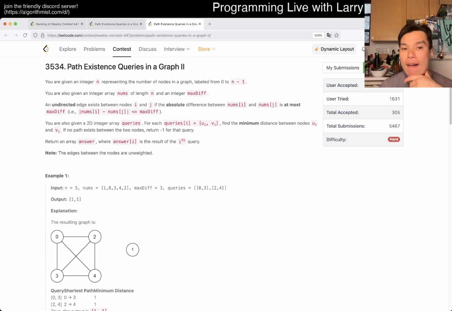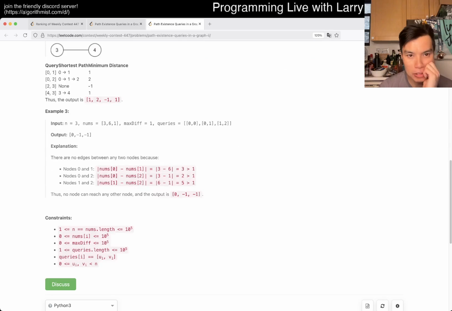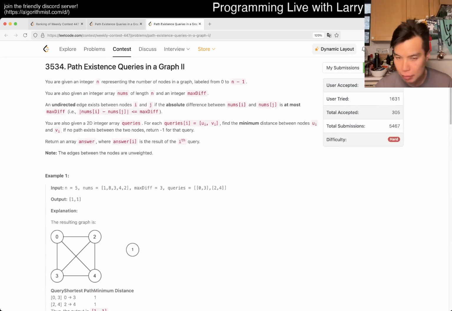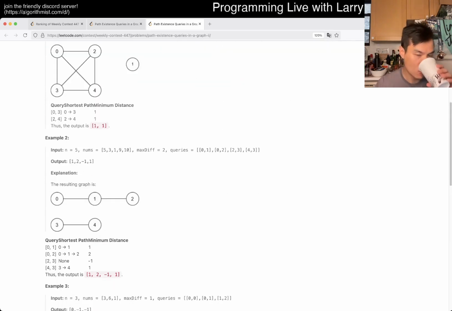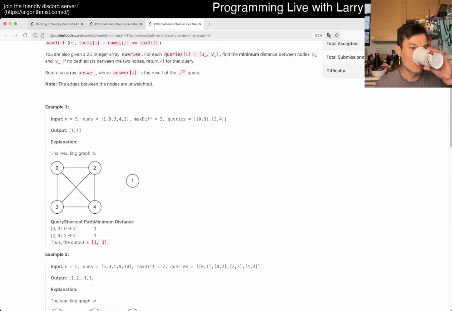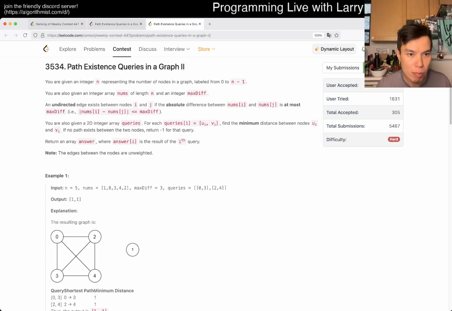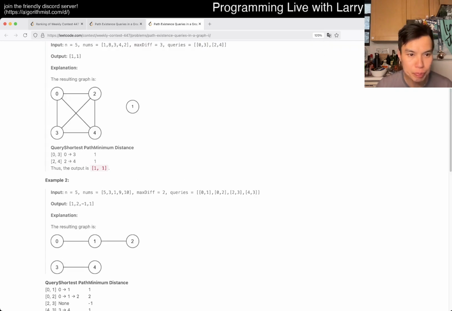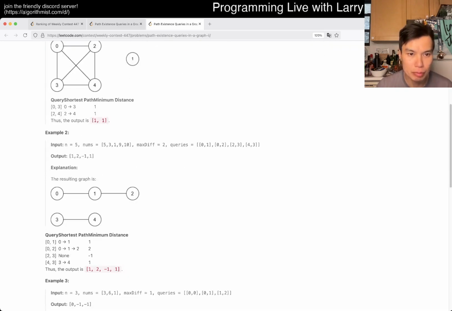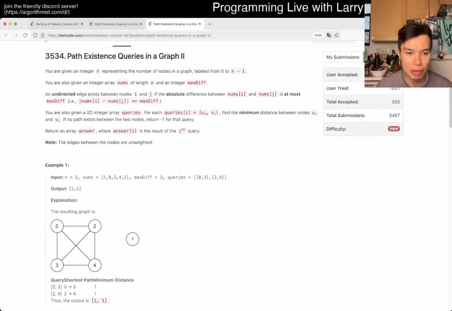Huh. How do I want to think about this? Yeah, but some graph could be like this, where 0 can go to 4, right?